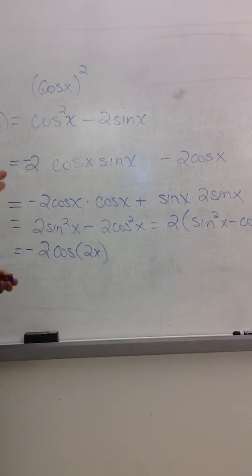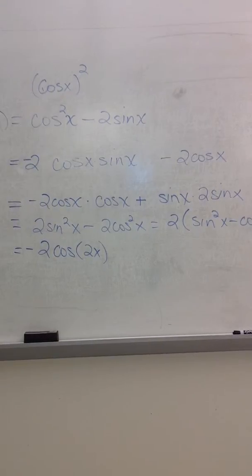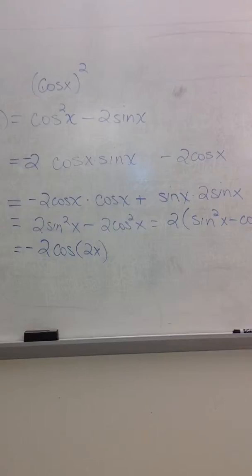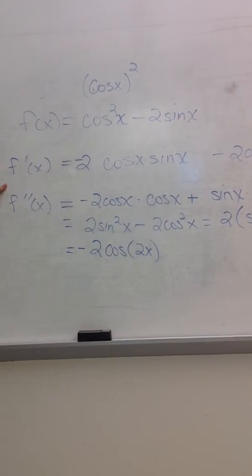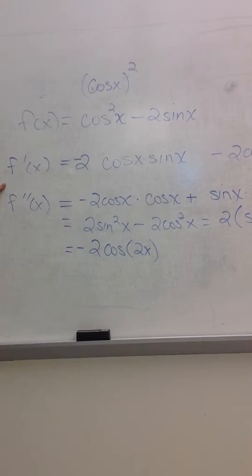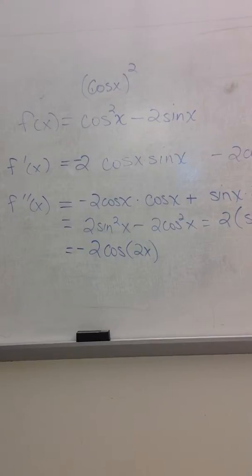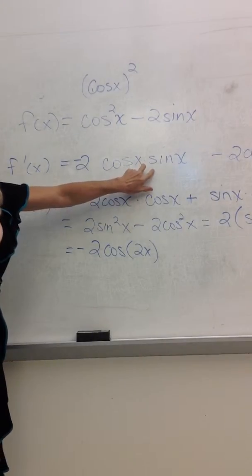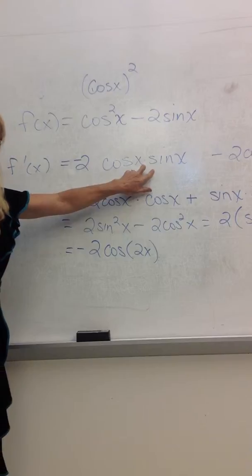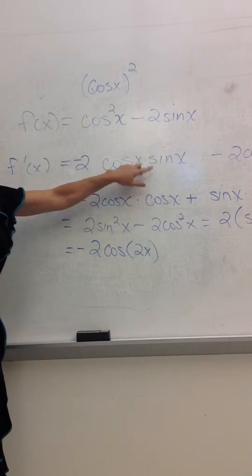So we want to find those, and then we also want to find where the second derivative is 0 or undefined. For the functions we have, we don't have to worry about the undefined because sine and cosine are both continuous functions. There are no values at which they're undefined. So our derivatives involve sine and cosine, and multiplying doesn't cause us any trouble. If we were dividing, we'd have to be careful not to divide by 0.